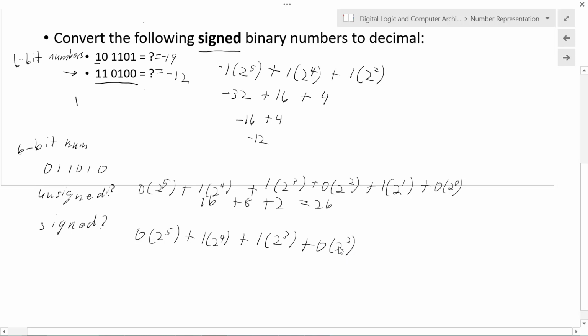Notice that only the most significant bit would change between signed and unsigned numbers. But if the most significant bit is 0, then all other values are the same. So we have 16 plus 8 plus 2 equals 26 again.